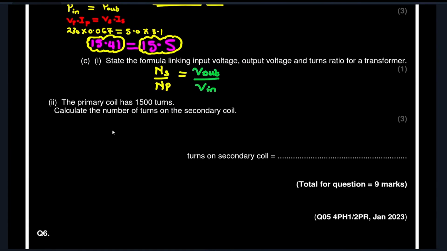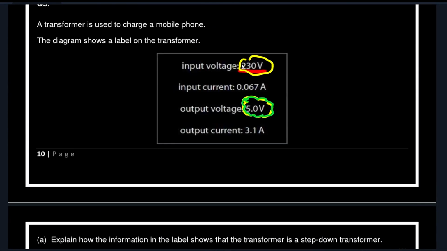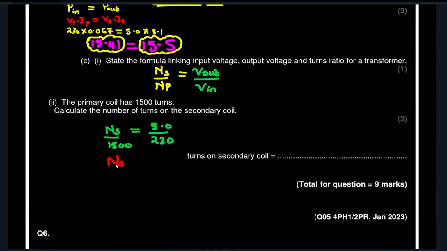To calculate the number of turns in the secondary coil, you are going to substitute the information provided into the formula we have written in part C, Roman 1, so that we can make the number of turns in the secondary coil the subject of the formula. If you work this out, we get 32.6, which is approximately 33 turns in the secondary coil.